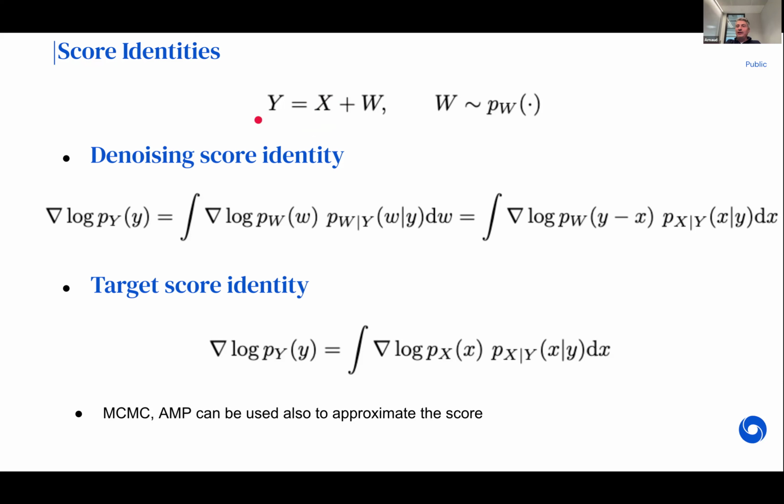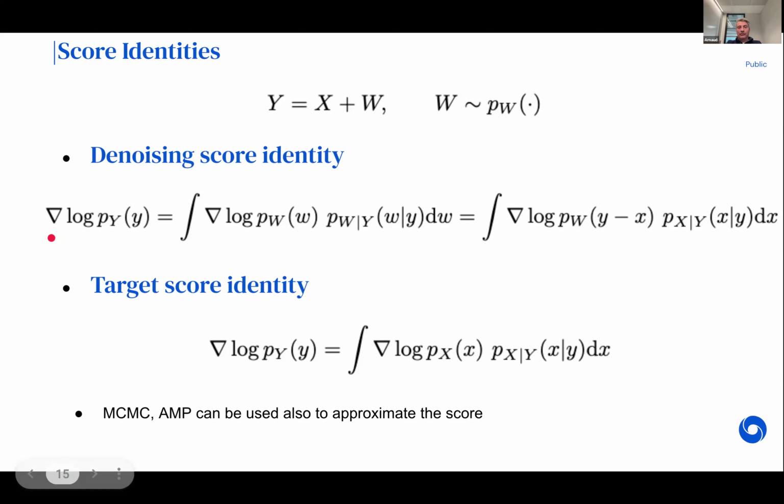And really, I'm telling you that if you want to do sampling, the only thing you need to be able to do is compute the score, that is the gradient of the log of the marginal distribution of this sample. That's the only thing you need. If you were able to do that, then somehow you'd be done, because you could plug that into your time reversal, and that's done.